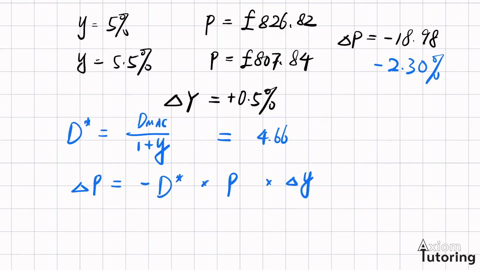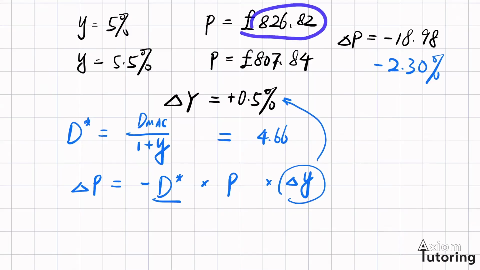We can simply plug in the numbers here, using the original price, the modified duration, and the change in the yield, which is 0.5%. The approximate change here is going to be negative 19.25, because we're increasing the yield, so the price must decrease.